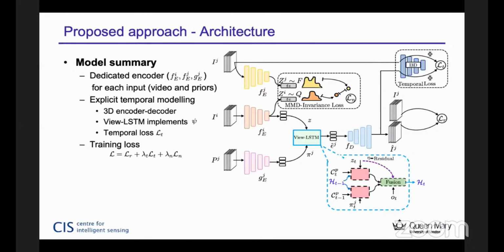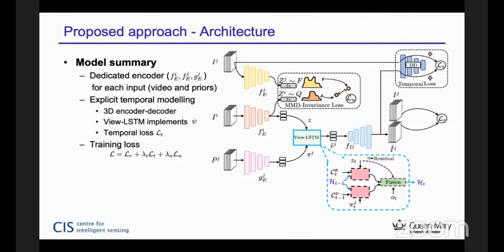To enforce the invariance of the shared feature Z, during training we have a separate encoder for the target view, and we penalize using a loss so that the feature obtained from the encoder of the input view video is invariant to the view information.